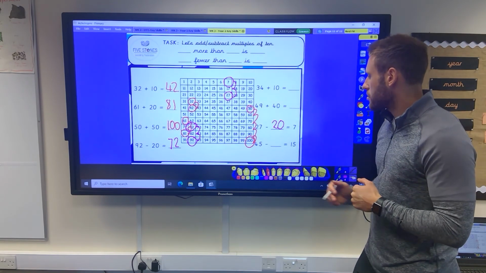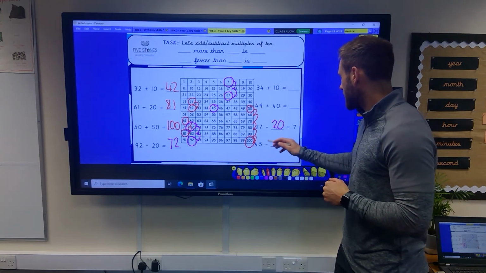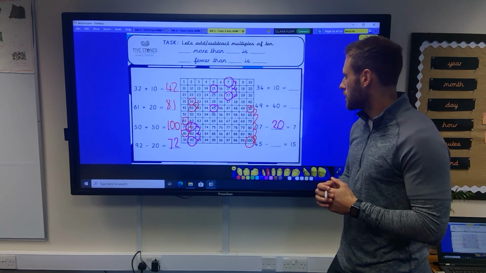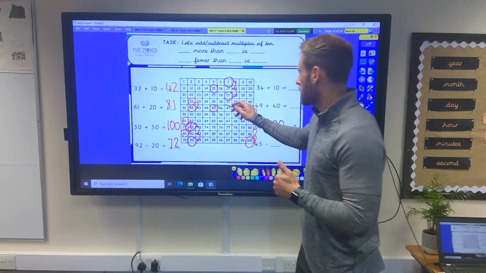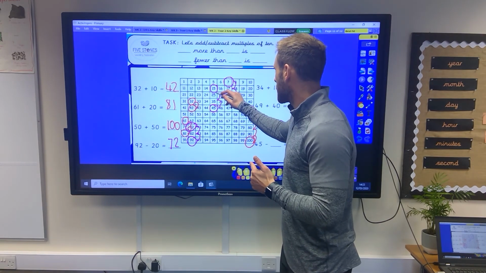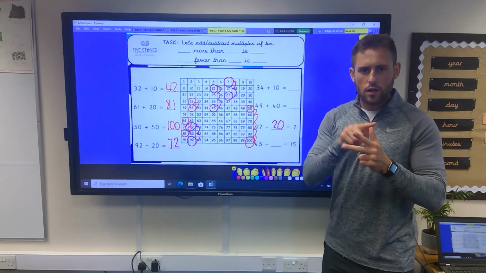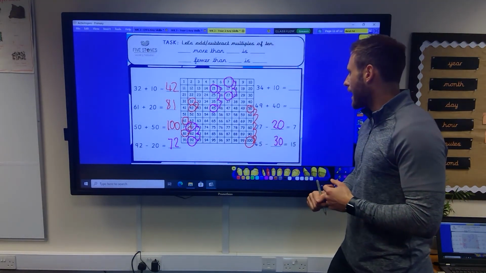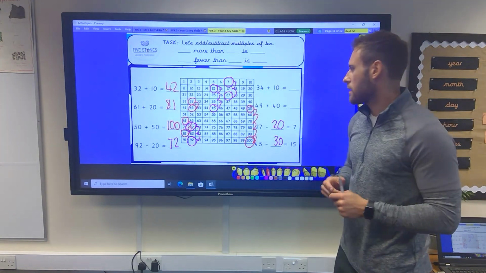And let's see, with this bottom one here, 45 take away something equals 15. I wonder how many 10s we took away. 1 10, 2 10, 3 10, 10, 20, 30. 3 10s is 30. 45 take away 30 equals 15.